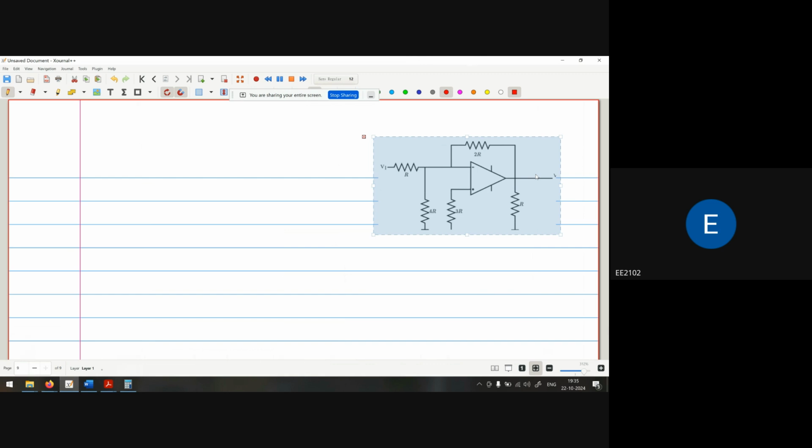So this term is my V2, and this is my V0. We are getting V1 as 4 volt and V2 as 2 volt.